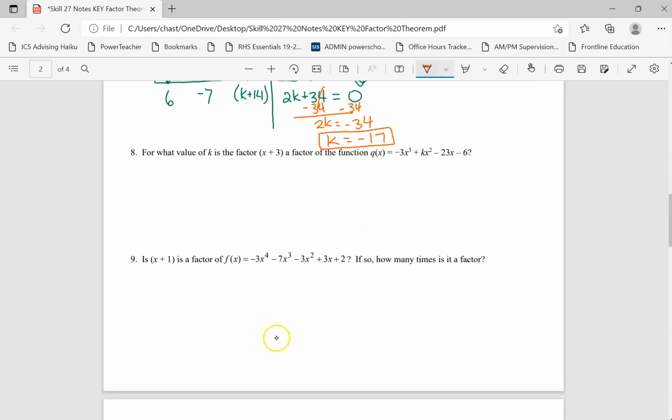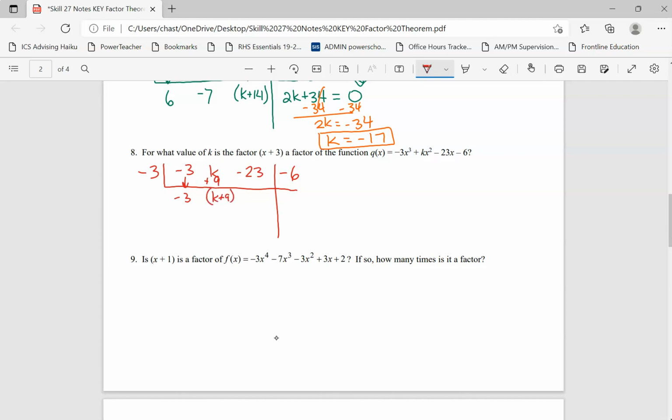All right, let's try another one. For this one, x plus 3 is the factor, so we're going to have negative 3 on the outside. Polynomial, negative 3, k, negative 23, negative 6. Bring down your negative 3. Negative 3 times negative 3 is positive 9, so this gives me k plus 9.